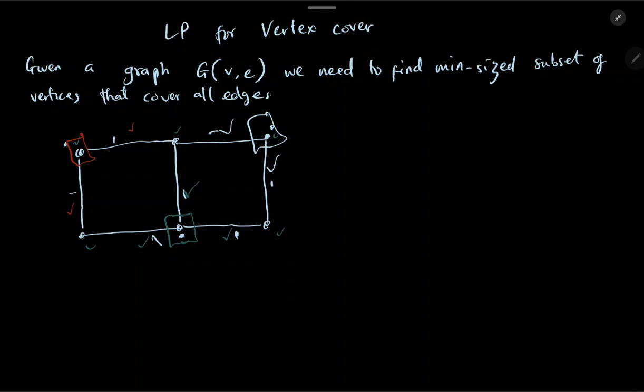A vertex cover in practice is used in telecommunications, in networking, and every other field where you require some form of connection. So we want to maximize our resources while making some form of maybe phone connection, wire connection, or even when installing security cameras.